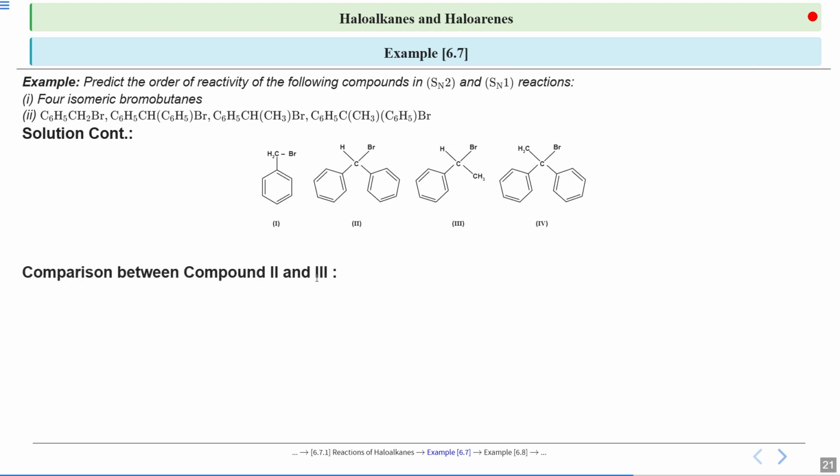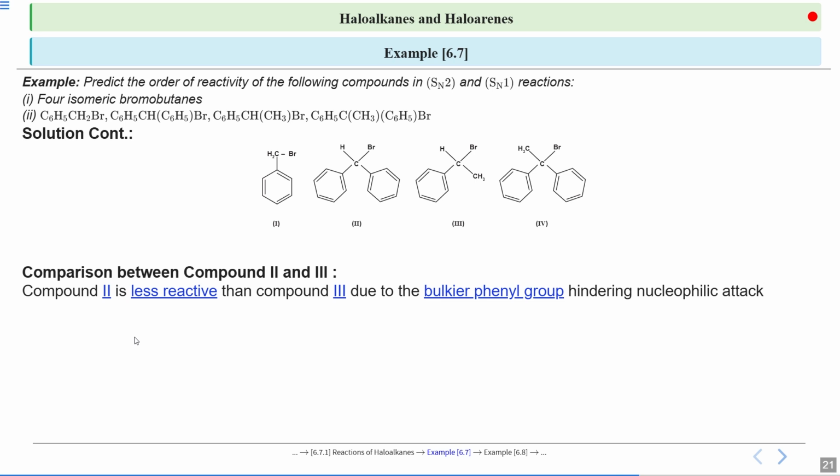The same steps we will follow. We will compare the 2nd and 3rd because both are secondary halides. Here, compound 2nd is less reactive than compound 3rd. Why? Because bulkier phenyl groups are present in compound 2nd, which will offer more steric hindrance and hinder the nucleophilic attack. So compound 3rd will be more reactive.